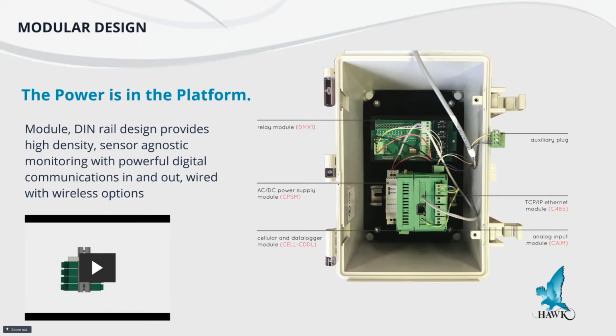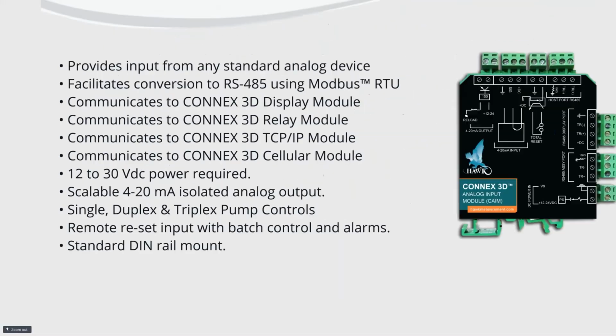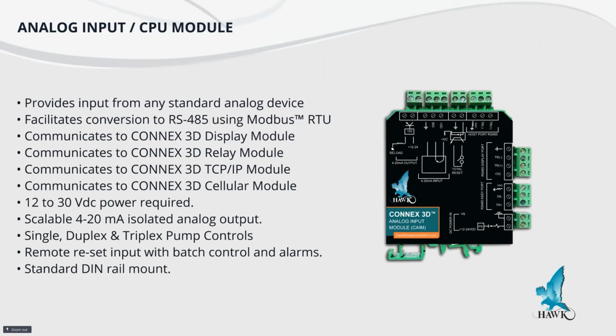I'm not sure of any other modular devices like this, but Hawk makes a modular device that will communicate with any number of other devices, including our own. This includes local display monitoring.